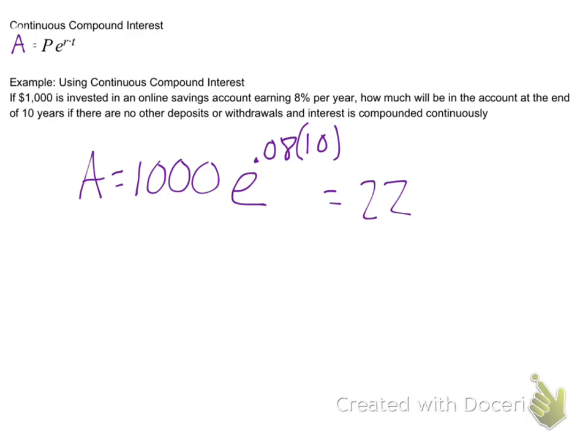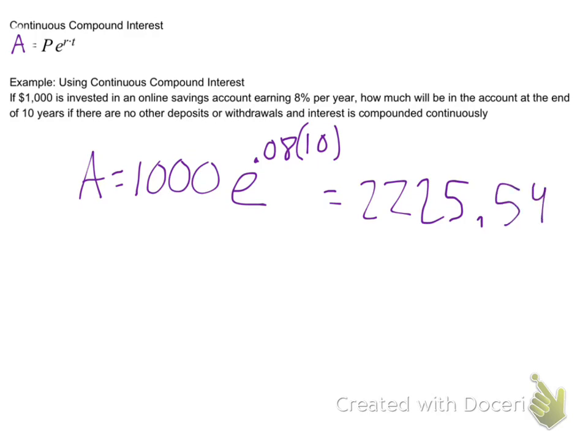If you're on a graphing calculator, e is underneath your natural log button. How much money am I going to have? e to the power of 0.8 is what it comes down to. It's going to be 2,200, still, point 25, 54 is it?